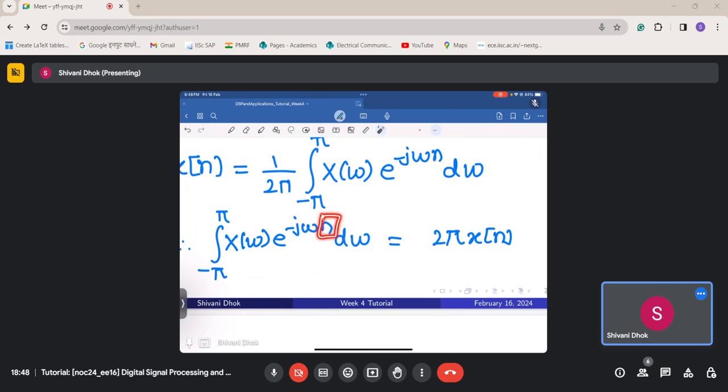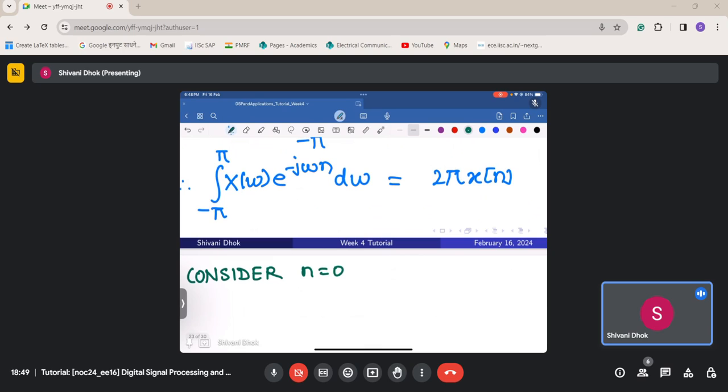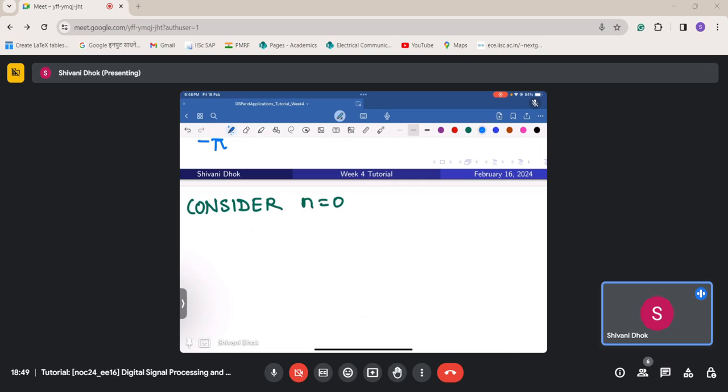So if I look at x[n] at n equal to 0, then this thing here will become 1 and this thing here will become x of 0. So we will have the integral from minus pi to pi of X(omega) d omega equal to 2 pi into x of 0.